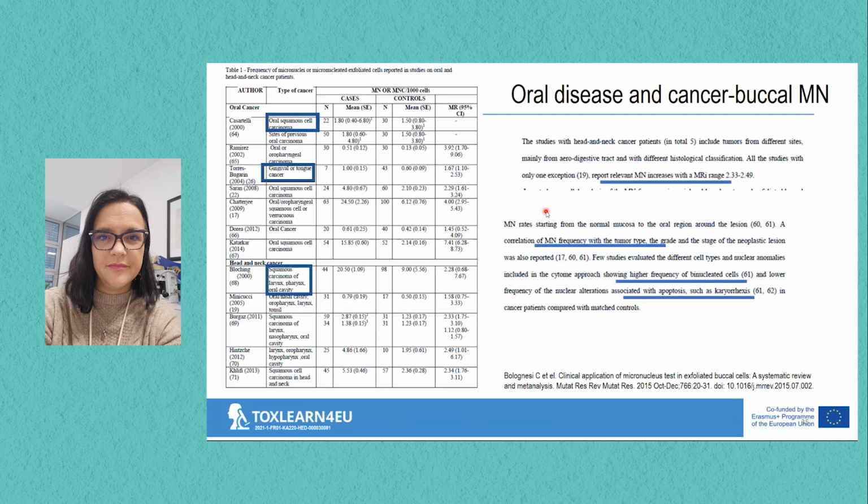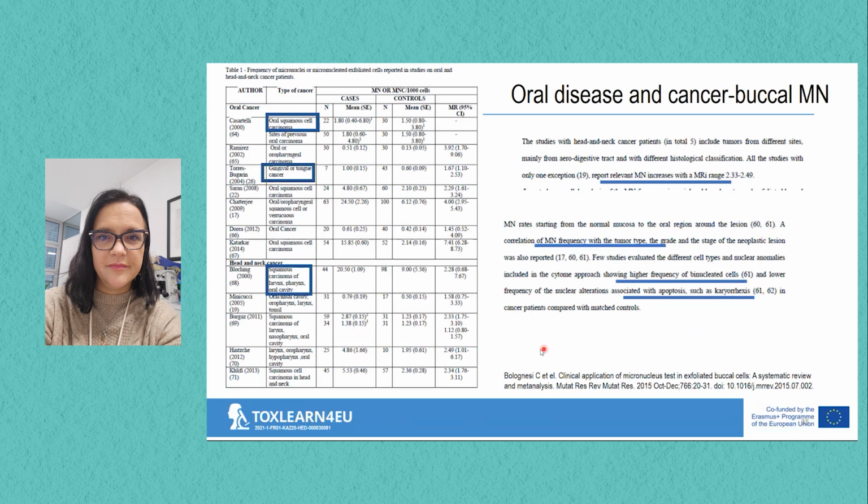So as I have already told you, the buccal micronucleus can predict the risk of carcinoma almost linearly in oral diseases, so the same origin as the buccal cells, and it has been demonstrated for oral squamous cell carcinoma, gingival or tongue cancer, and squamous carcinoma of larynx, pharynx, and oral cavity, and most of the head and neck cancer frequencies.